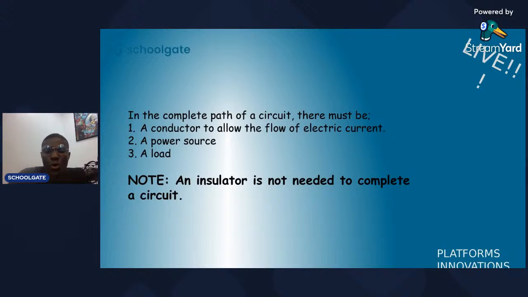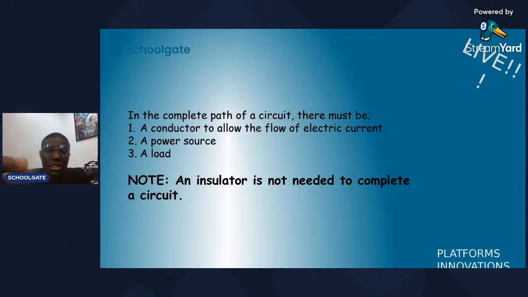And also, we have the LED. If we connect it to a power source, it will also give us some light. So let's try that out. In a complete circuit, we need a conductor, which are these legs. We know the positive leg is the longer leg and the negative leg is the shorter terminal.